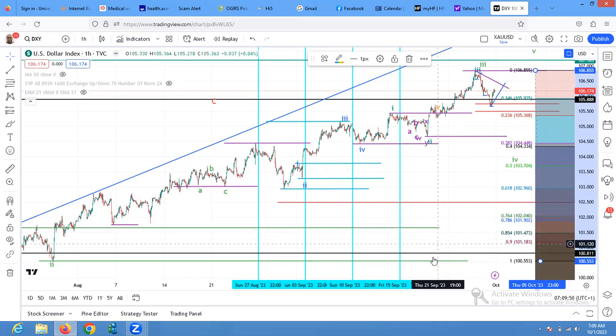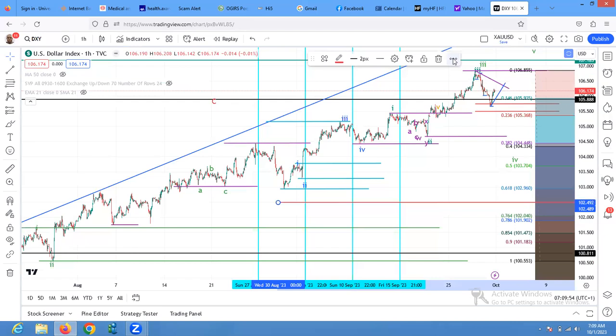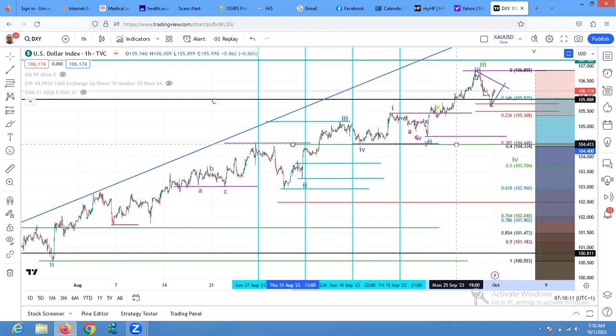Now we expect that we should be seeing the 4 around 38.